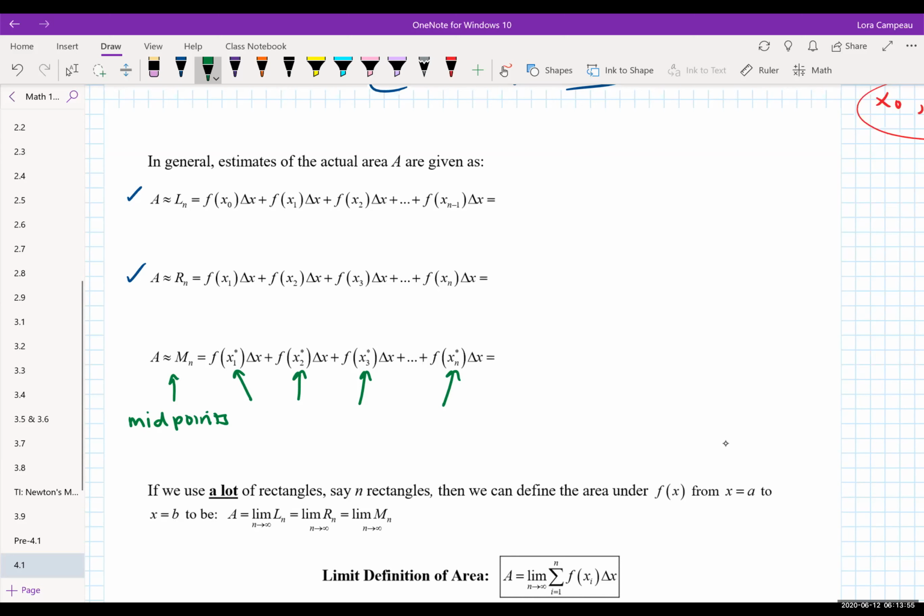But these are the midpoints of each subinterval. And they really don't have another way to denote them because you've already listed your subinterval left and right endpoints as x0, x1, x2, and so on.